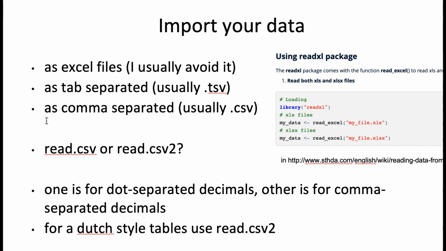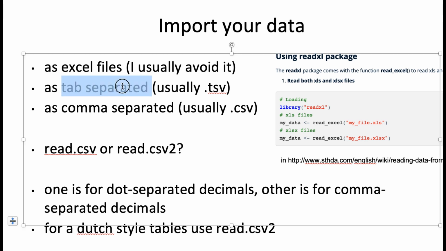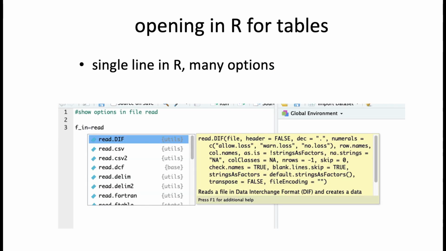I will come to it later. But the standard for regular text type simple data files is TSV for tab separated and CSV for comma separated, although CSV2 usually uses semicolon separation because they use a comma for the decimal symbol, and therefore there are lots of different versions of a function read, which is actually the same function, only with different default values.